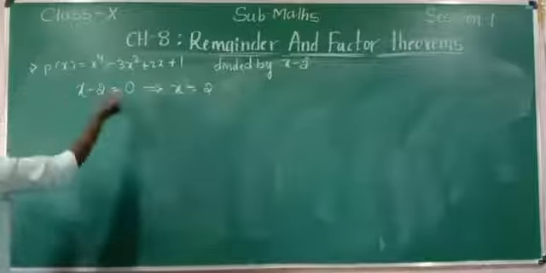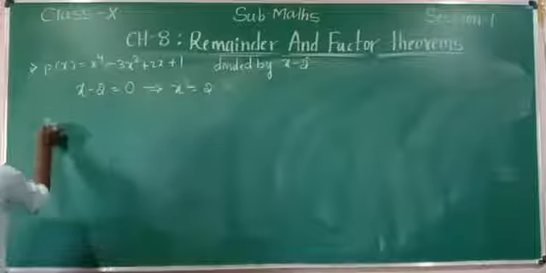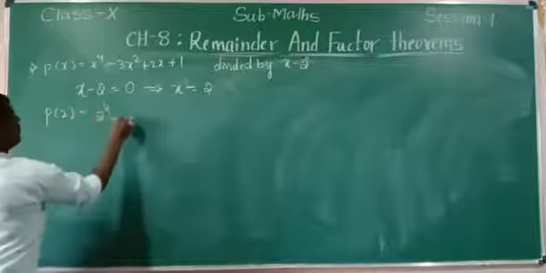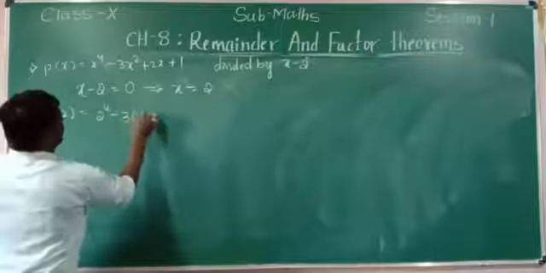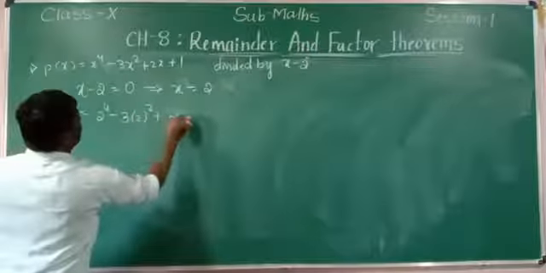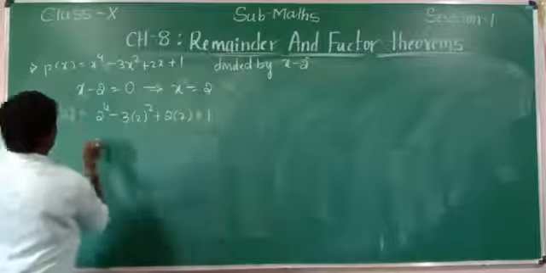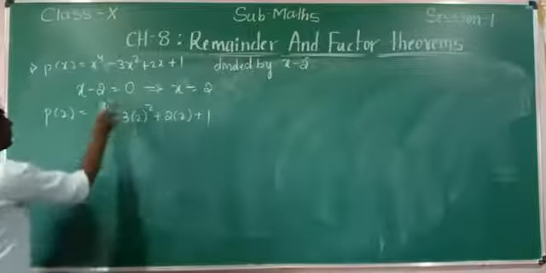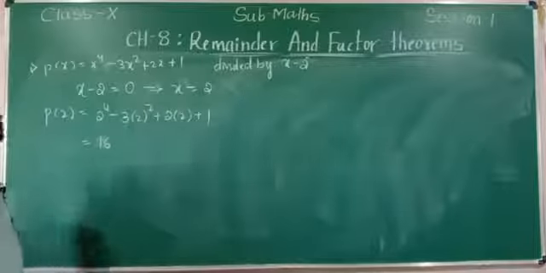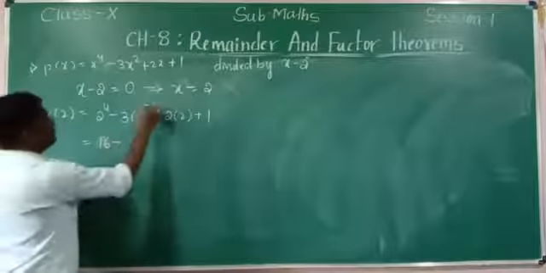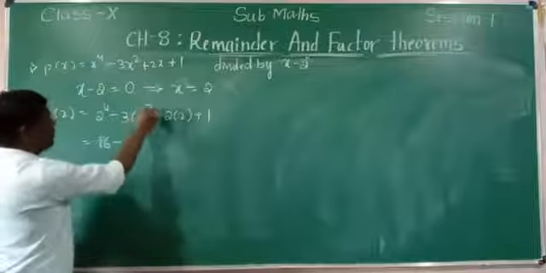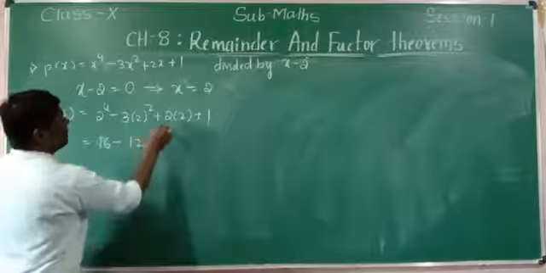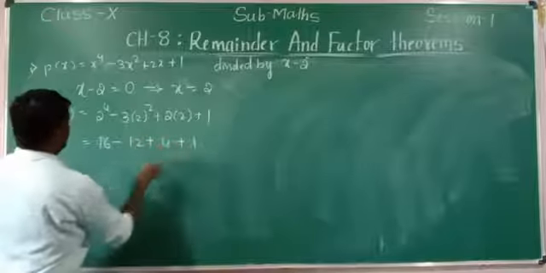Now substitute the x value in the given expression. So P of 2 is equal to 2 raised to 4 minus 3 into 2 square plus 2 into 2 plus 1. So 2 raised to 4 is 16, minus 2 square is 4, 4 3s are 12, plus 2 2s are 4, plus 1.